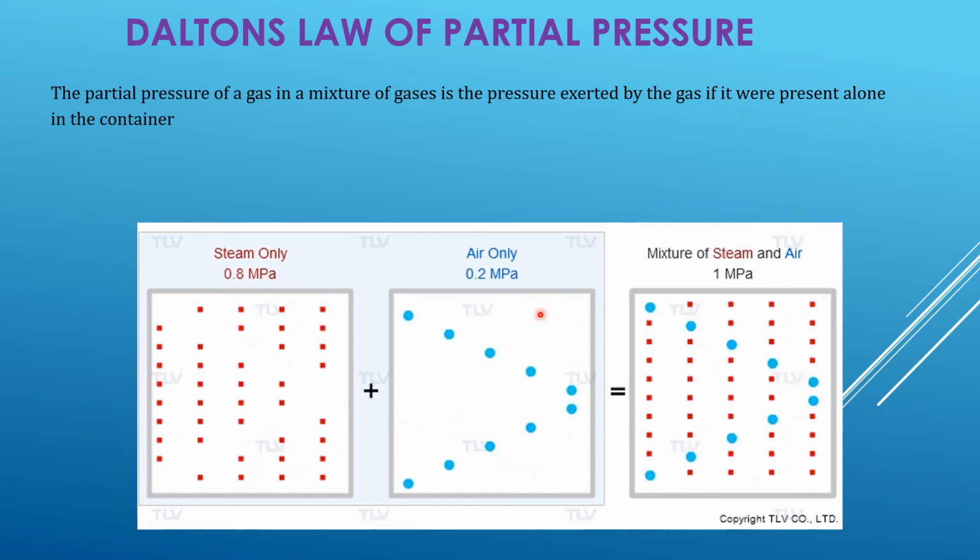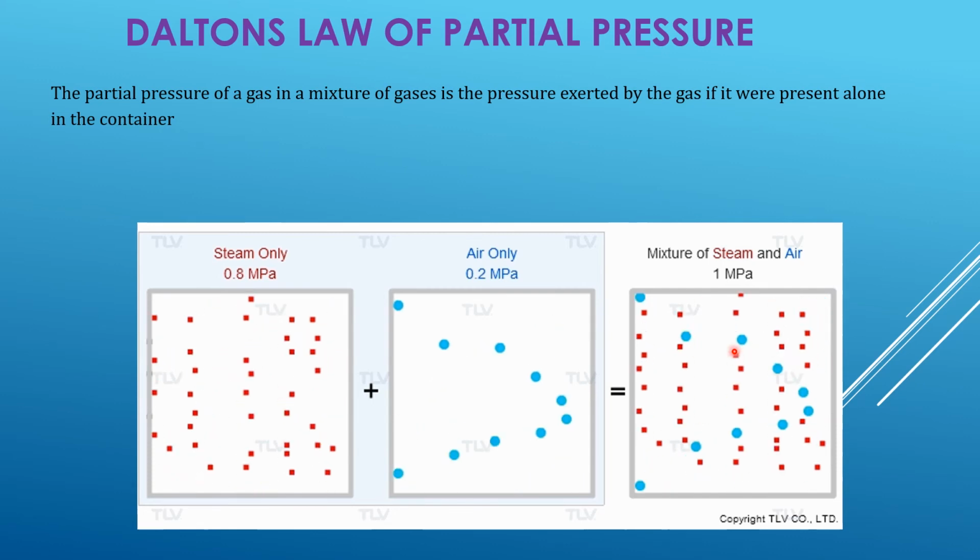Air is alone in this container, exerting a pressure of 0.2 MPa. When air is in a mixture, it will also exert the same pressure of 0.2 MPa. So we can say in a mathematical expression that the pressure of steam plus the pressure of the air is going to give you the pressure of the mixture.